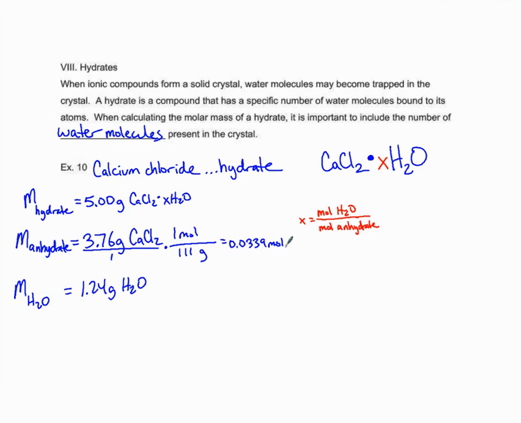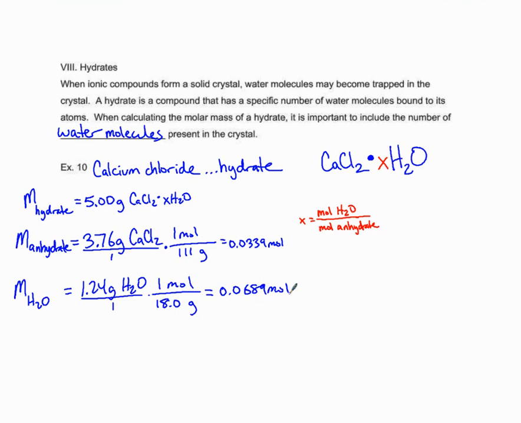And then the mass of the water becomes moles of water. So we're dividing by 18.0 grams per 1 mole. We have 0.0689 moles of water.